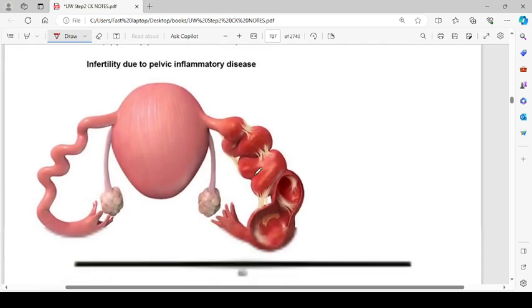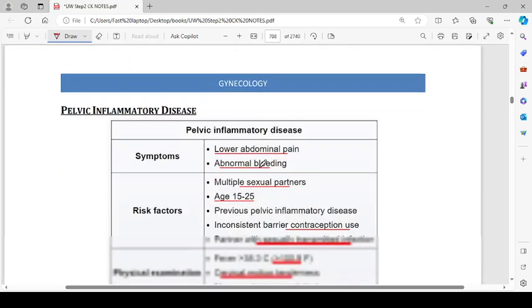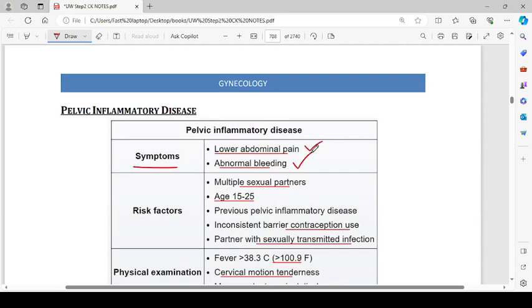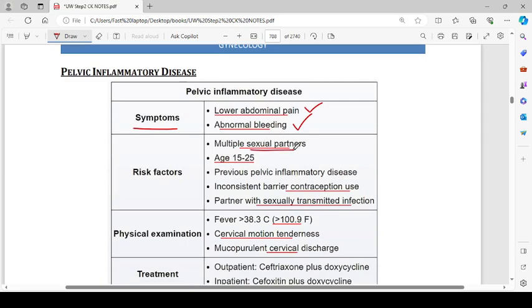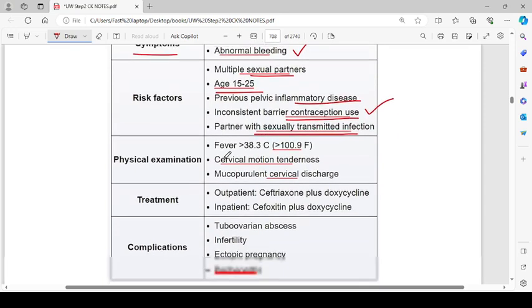Infertility due to pelvic inflammatory disease. These are the types of lesions which can form in pelvic inflammatory disease. Pelvic inflammatory disease has symptoms of lower abdominal pain and abnormal bleeding. Risk factors are multiple sexual partners, age 15 to 25, previous pelvic inflammatory disease, inconsistent barrier contraception use, and partner with a sexually transmitted infection.